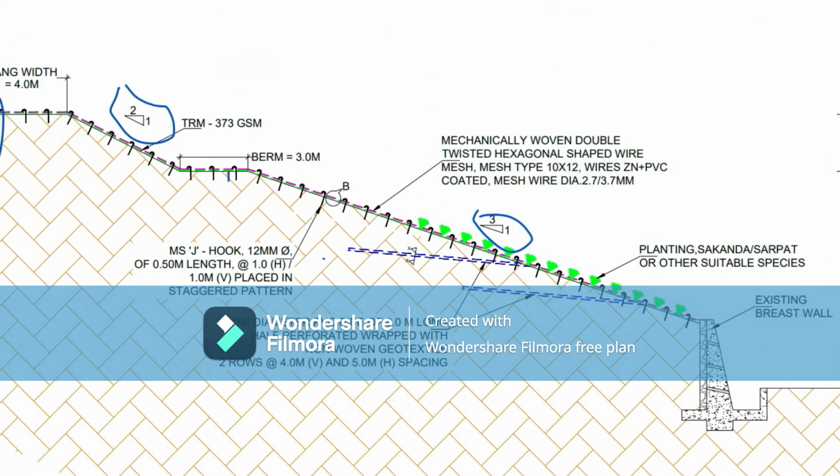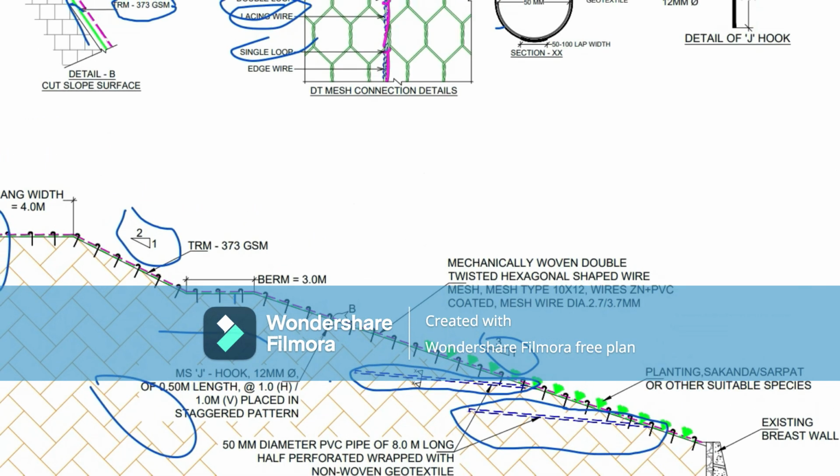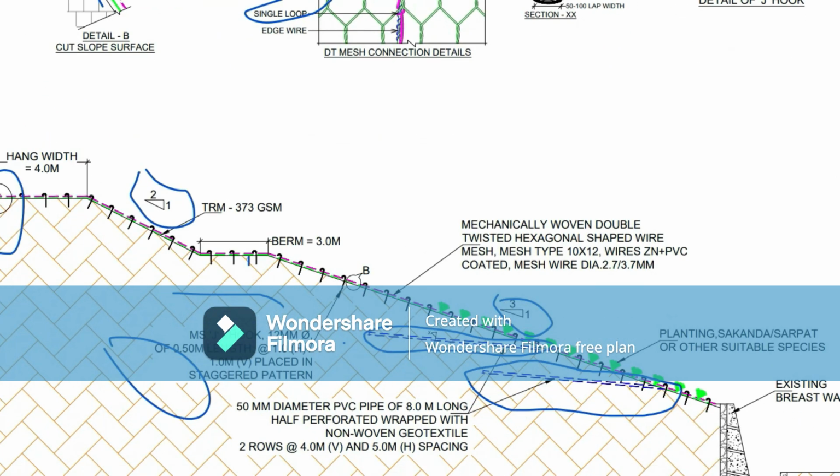And we also see the perforated PVC pipes provided to drain the water from the existing layer, to reduce the pore water pressure, prevent failure of the slope and level the slope.